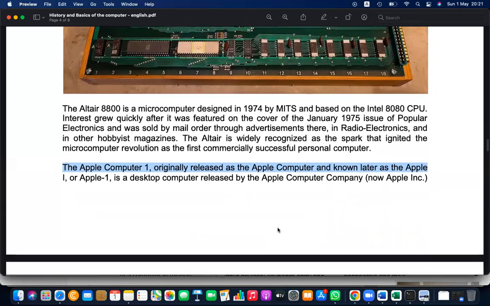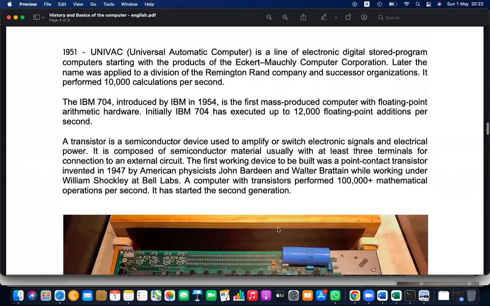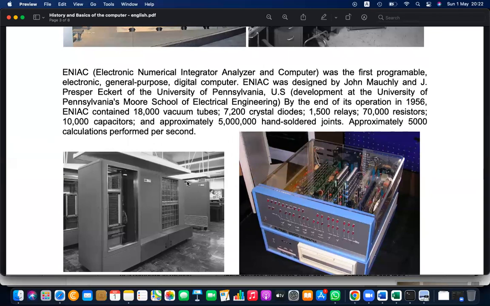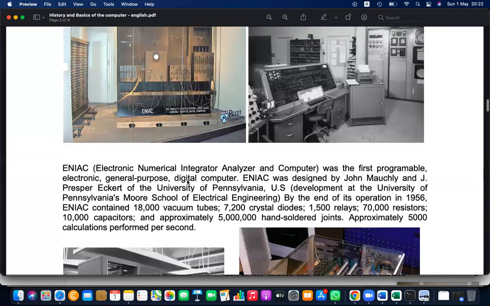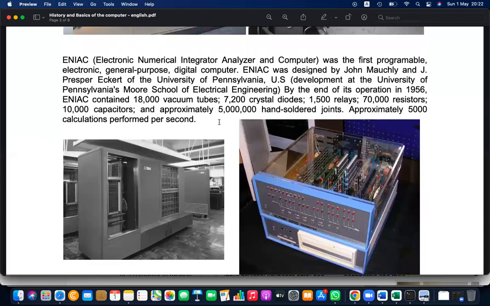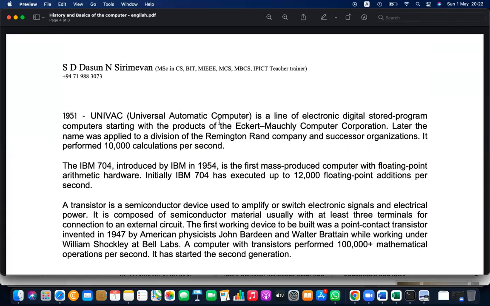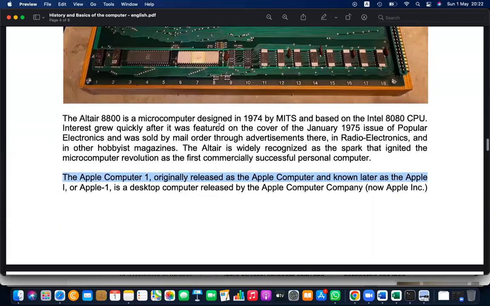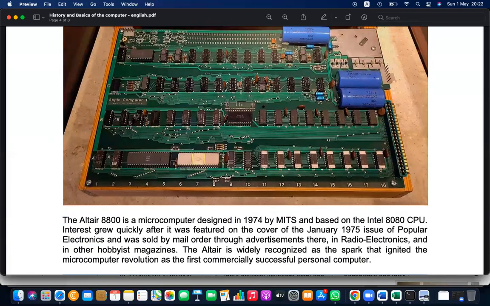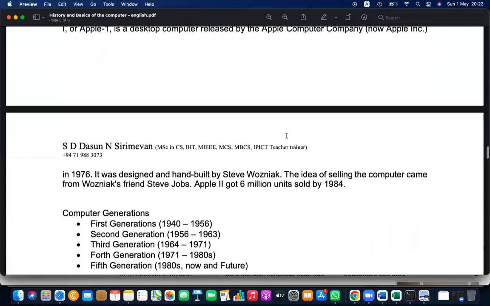So it was the era where personal computers started evolving. A personal computer means a person can own a computer, but before that universities, research centers, and the army owned computers, not personally. But by the 1970s, it was possible to buy a computer personally. Apple 1 was such a machine, a very small computer.